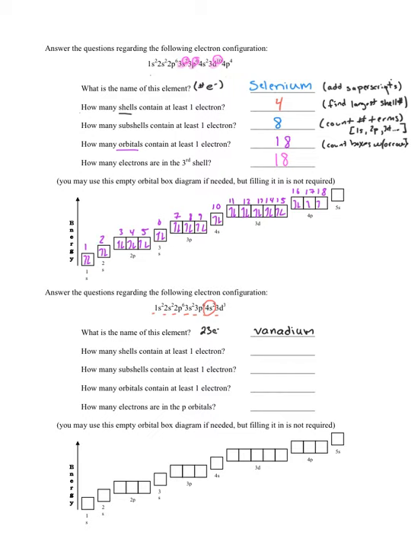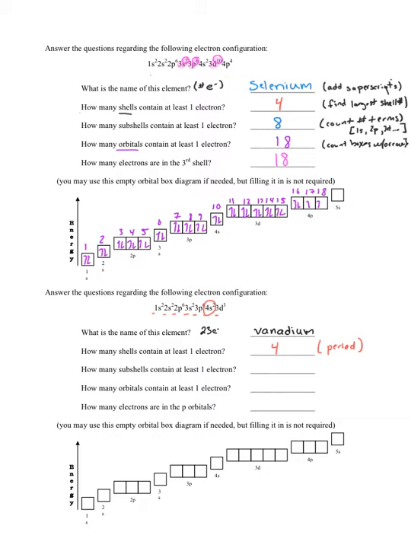And so vanadium is also going to have 4 shells with at least 1 electron. Remember that this should also be the period that the element is in. And so vanadium is in the 4th period, the 4th row down in the periodic table.